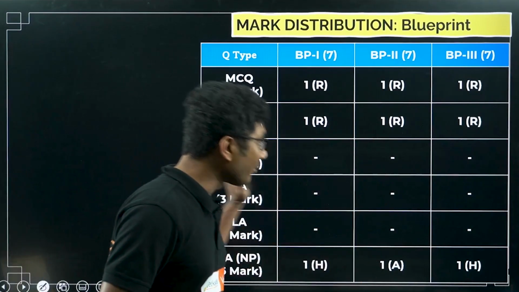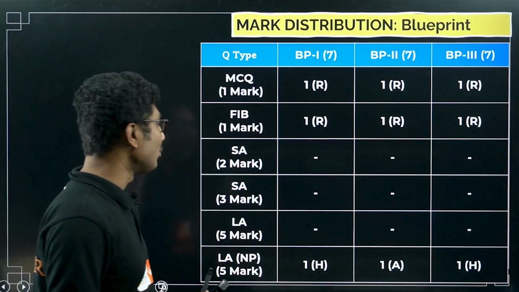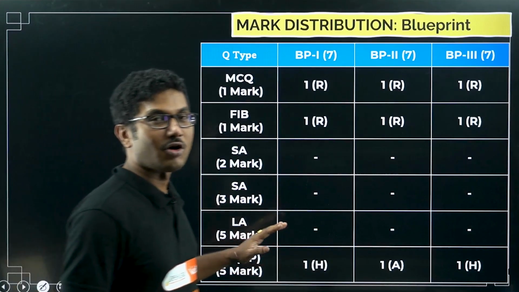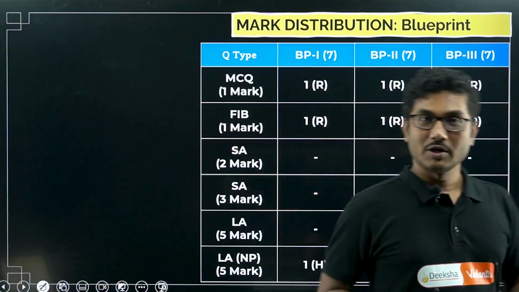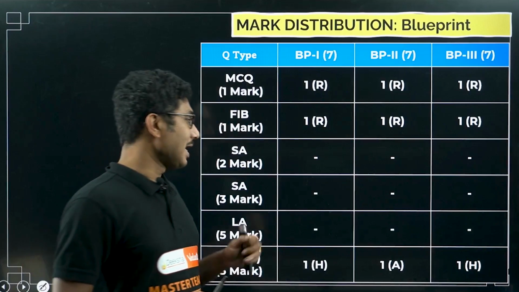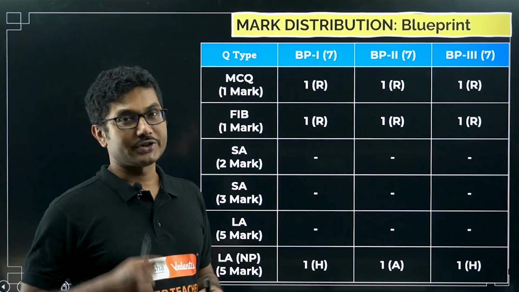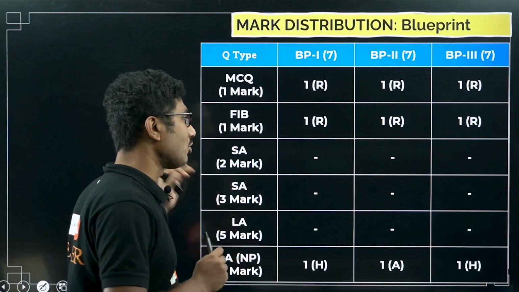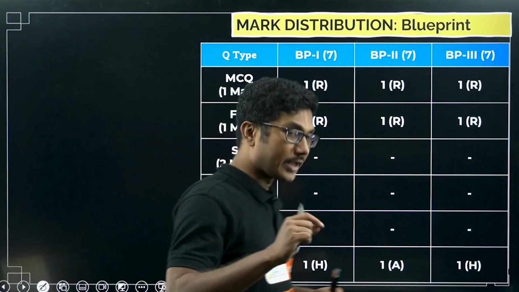There are no questions in between, so there is no 2-mark question, no 3-mark question, and no 5-mark long answer type question from this chapter. So only MCQ, fill in the blanks, and long answer type questions will come from this chapter. No short answer type questions will come in the PU final board exam.